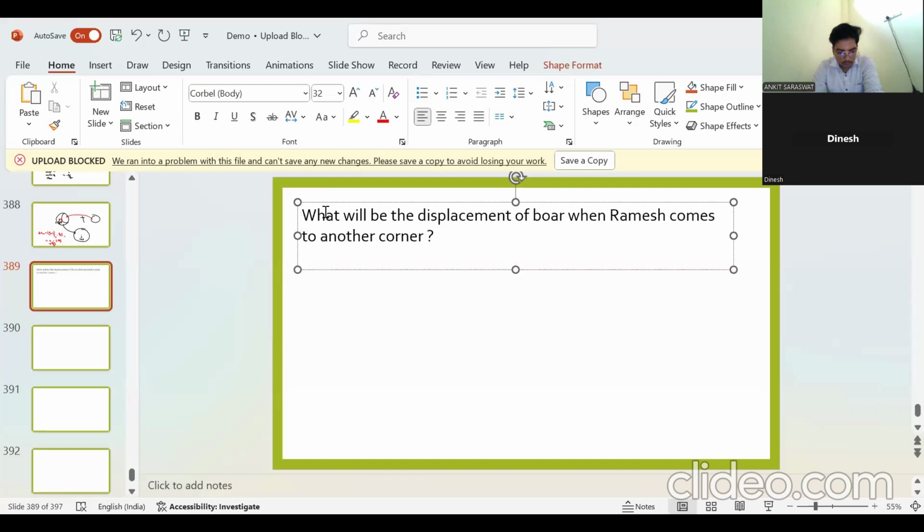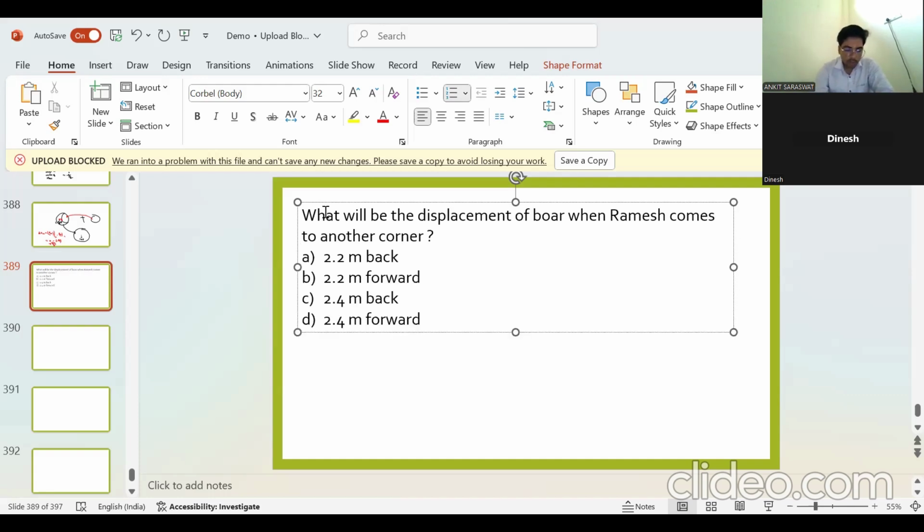Option A: 2.2 meter back. Option B: 2.2 meter forward. Option C: 2.4 meter back. Option D: 2.4 meter forward. Okay, I will draw the diagram.